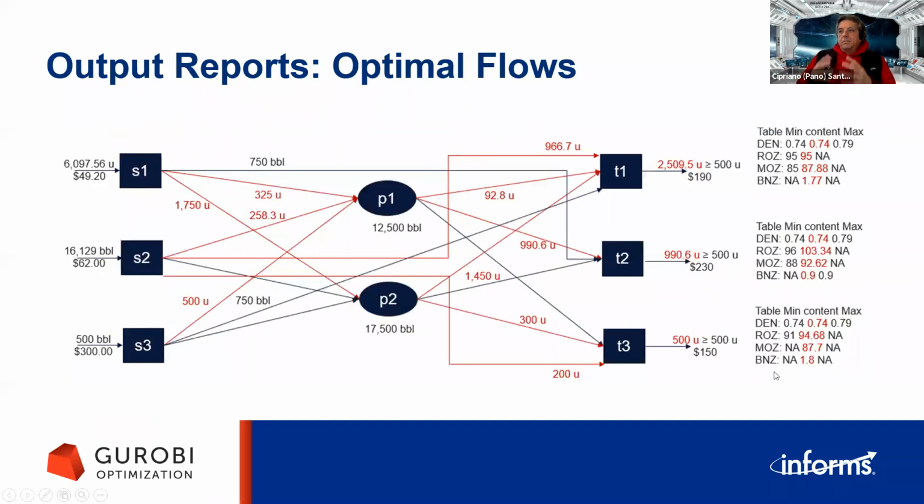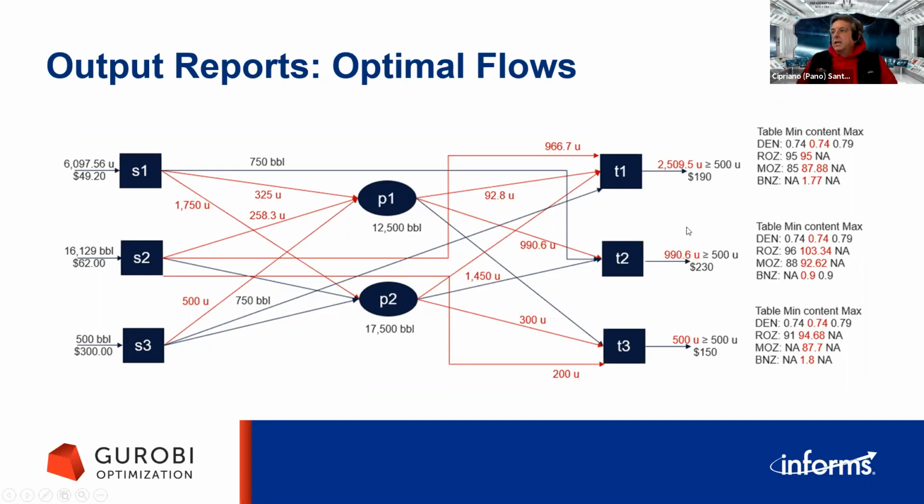And this particular problem, you can represent it very nicely with some graphic interfaces. In this particular case, the optimal flows are represented with red arrows or red numbers. So the optimal flow from S1 to P1 is 325 barrels of oil.